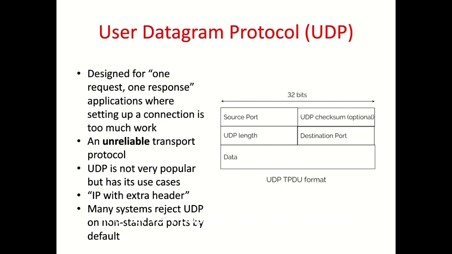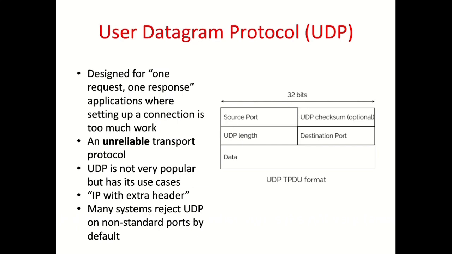It's not very popular in the 21st century because a lot of the guarantees we expect from the internet, to be able to query something and receive something that is correct and in order, UDP does not provide. Some people have facetiously called it an IP packet with an extra header on top of it. We talked about the headers earlier, where we have the payload and the header. That's effectively what UDP is.